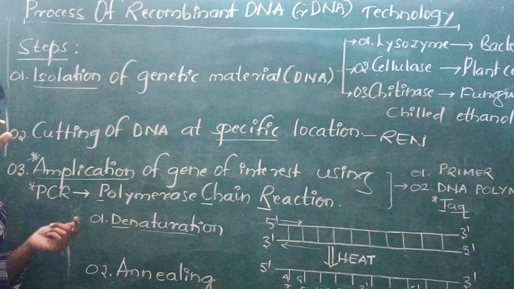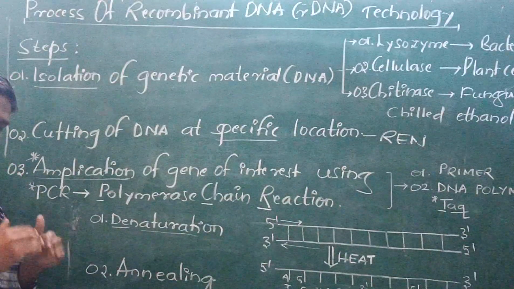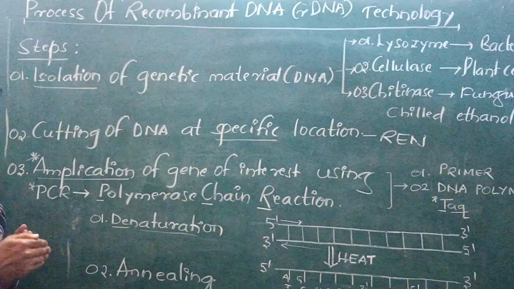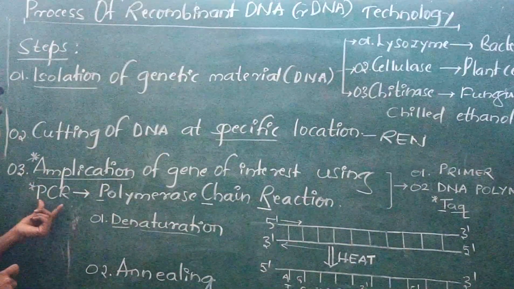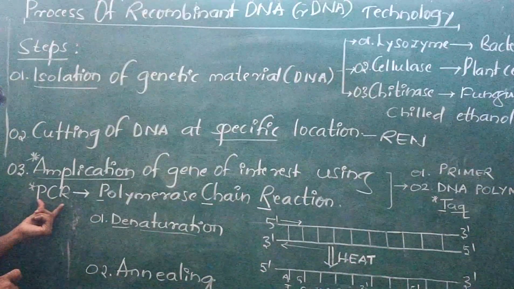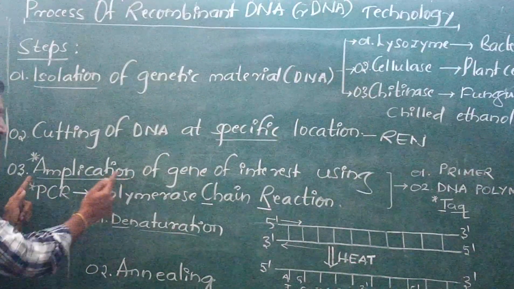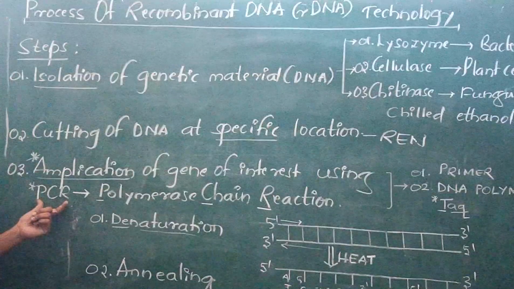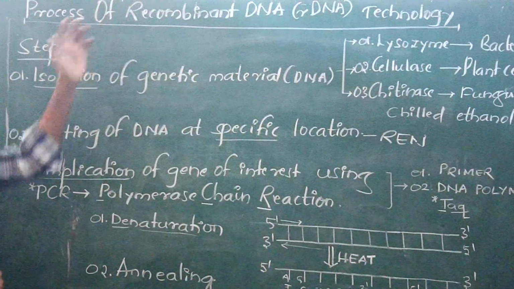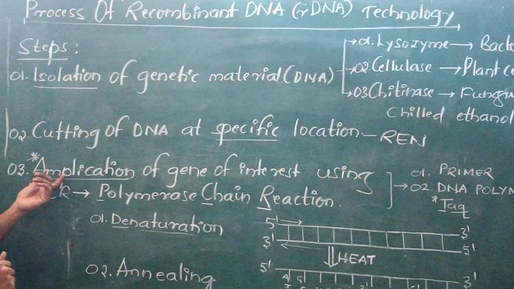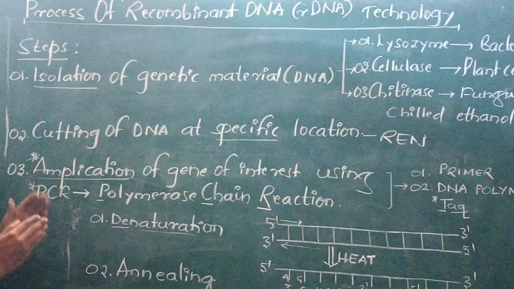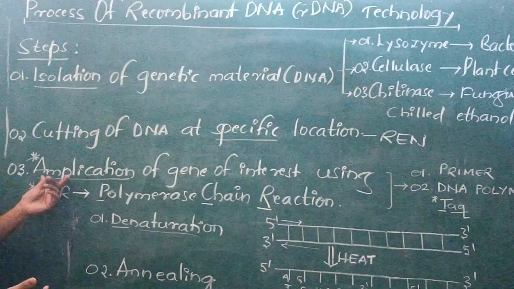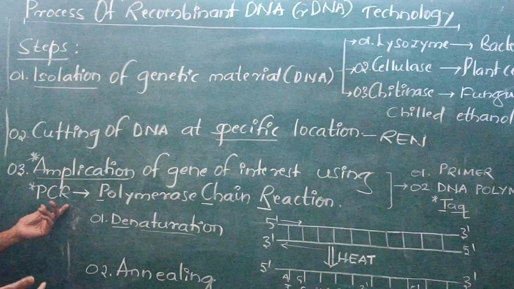The third step: the desired gene is only one, and we want to make it into multiple copies. Making multiple copies of DNA with the help of a process called PCR is called amplification. So amplification of a gene of interest using PCR is the third step of rDNA technology. Amplification is nothing but making multiple copies of DNA using a polymerase chain reaction.